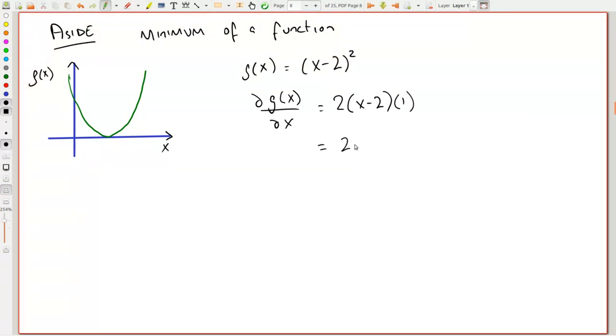So this is equal to 2x minus 4. If we set this to 0, then x is going to equal 2. And this makes sense. If we had 2 here, this would be 0 squared, and this is going to be the minimum of our function. Okay, and so this is calculus with simple scalar quantities, something that we're quite used to.